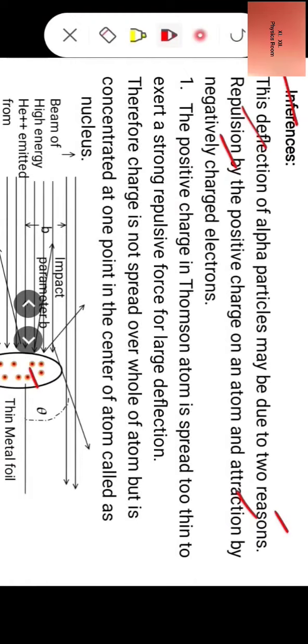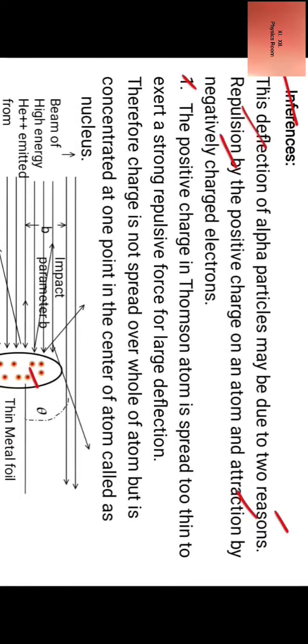Now let us take up point by point. First point, the positive charge in Thomson atom is spread too thin to exert a strong repulsive force for large deflection.